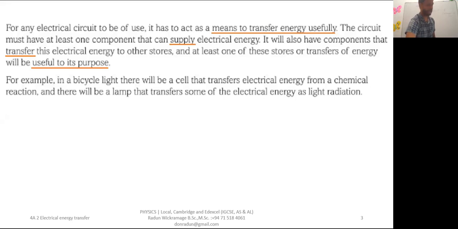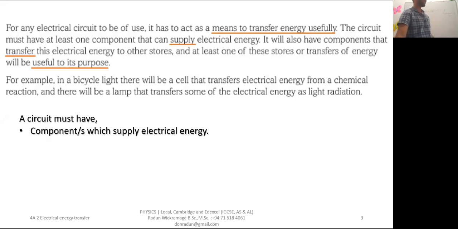Okay, let's talk about these two first, the EMF and PD, but before that, let's talk about this. Let's start writing. It is the introduction. A circuit must have a component or components which supply electrical energy.